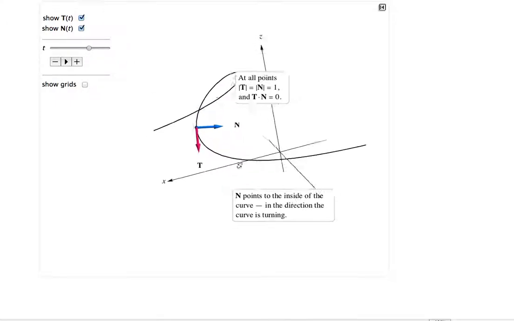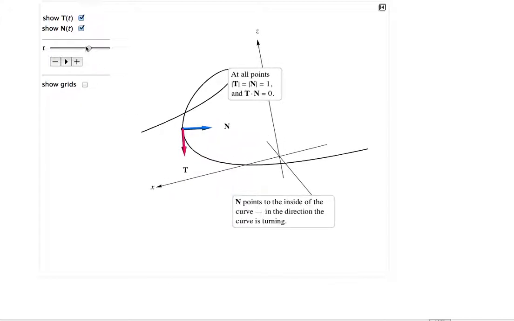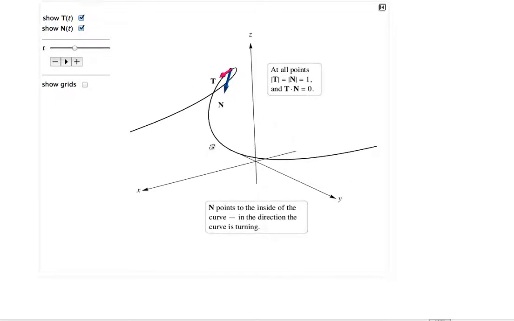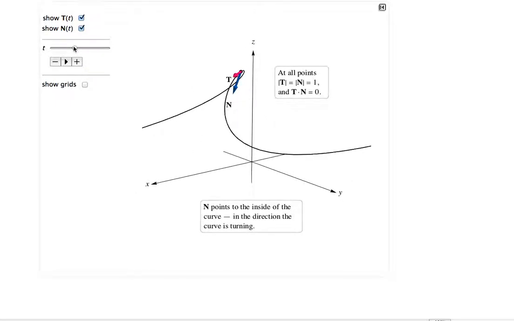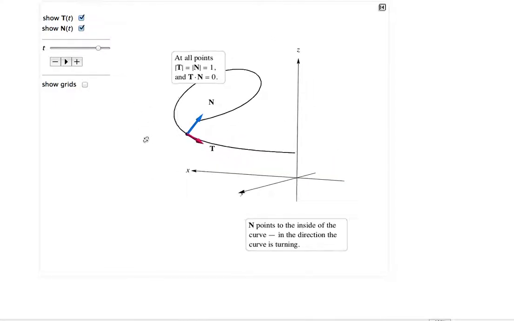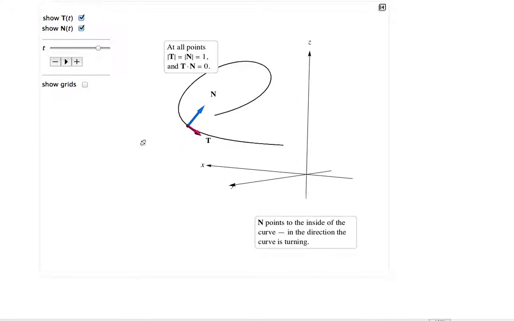So not only does it go inside, let me see if I can get the z component here, you can see that it's also changing in the components, so that I can move inwards as well as in all directions, so that normal component is always pointing in the direction that the curve is turning.